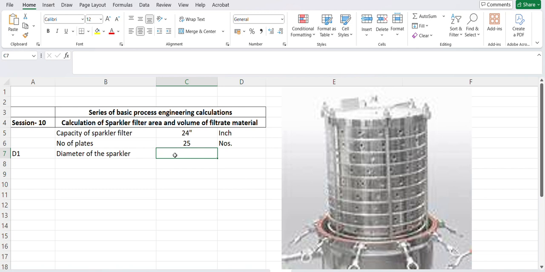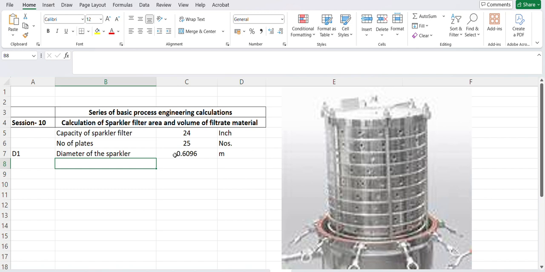We can simply convert that 24 inch into meters so that we can avoid unit and conversion errors during calculations.